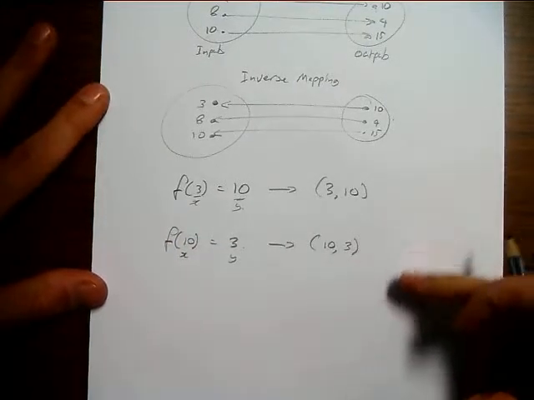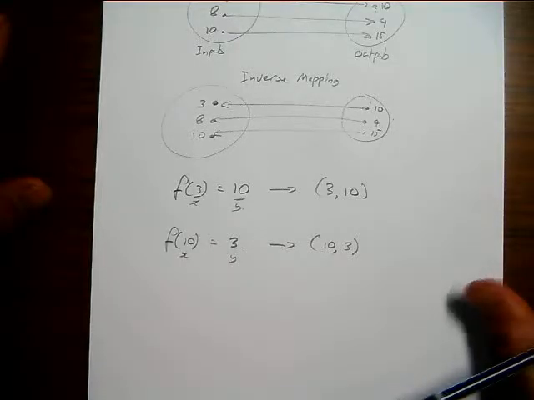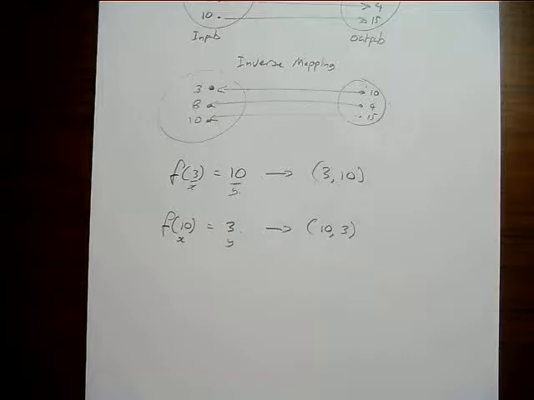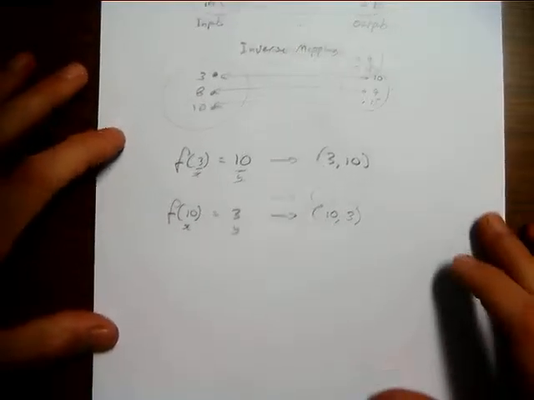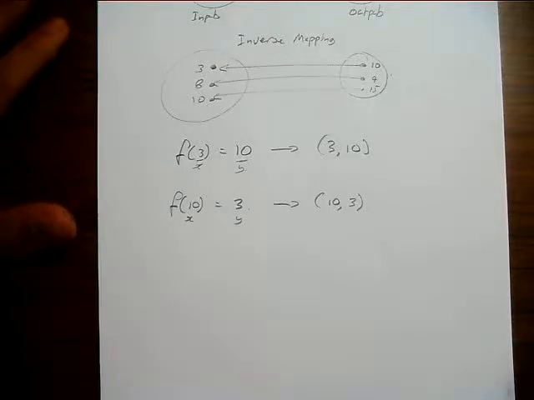What do we notice about these 2 points? They are different. In what way are they different? I've swapped the x and y's. They're opposites. So if we have any function, I want to know how I can come up with this inverse mapping for any function. Let's use a function we were using just before.